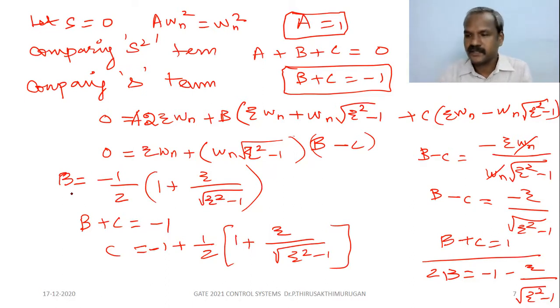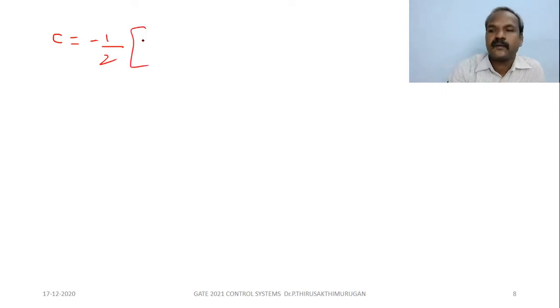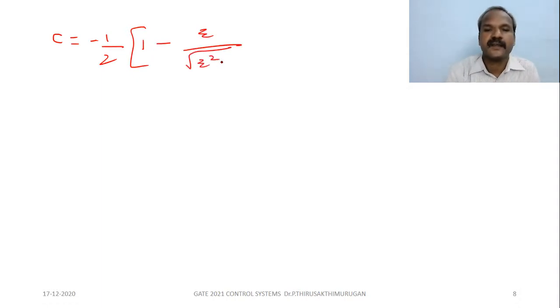So if you substitute these values, then you will be getting C equal to minus 1 by 2 of 1 minus zeta divided by square root of zeta square minus 1.